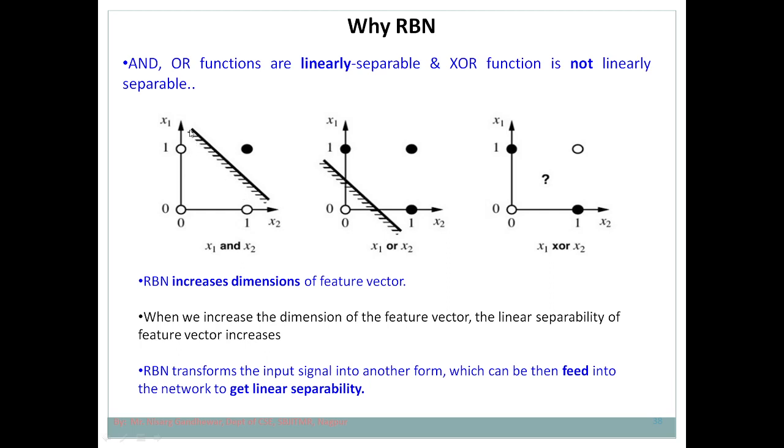The answer is yes. This vertical line separates your two classes. So we can say that it is linearly separable. This is again linearly separable. Here you can see dark circles and here you can see normal circles, these two classes, so it is linearly separable. Just by drawing this line we can divide this into two parts.